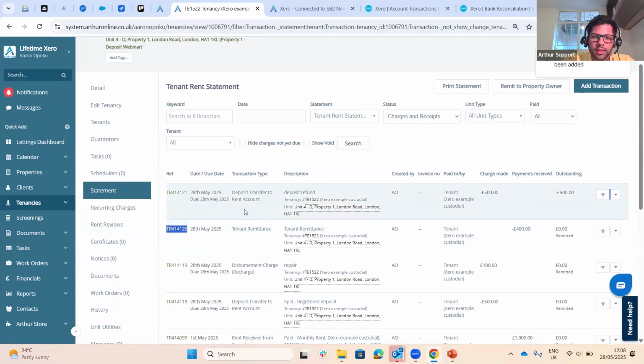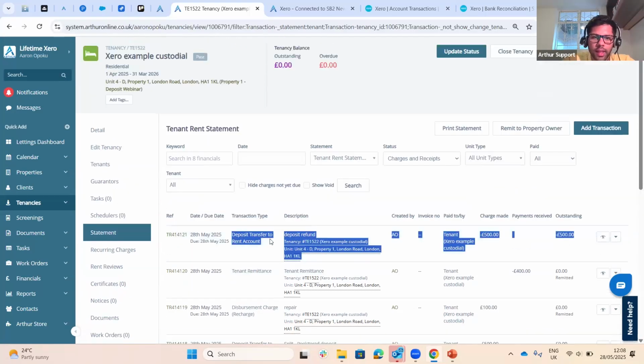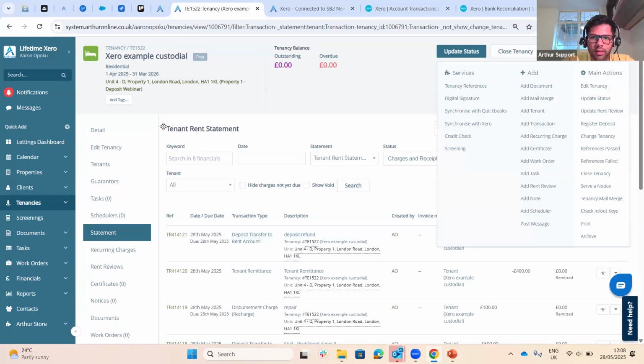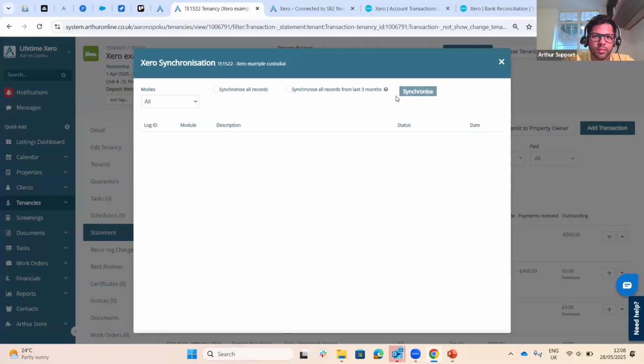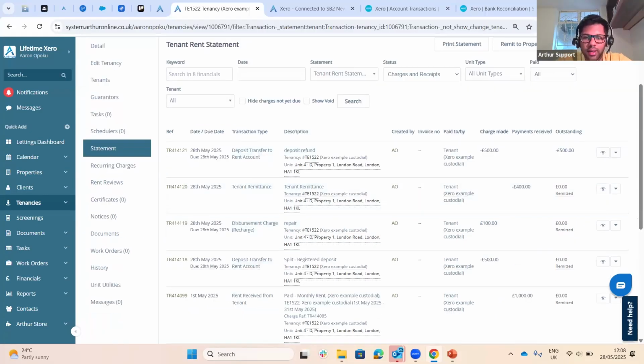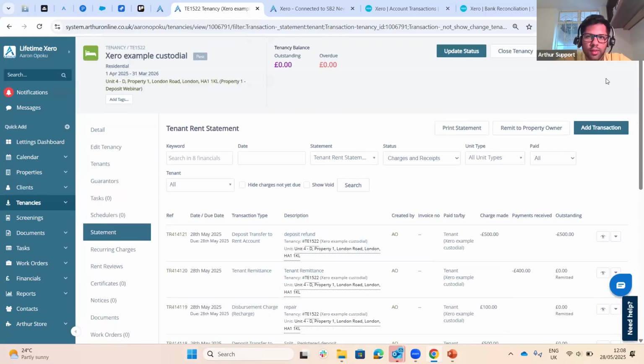This transaction will then sync across to Zero as a credit note. And then what you can do is process a refund on that credit note. Let me just see if I can sync this to Zero quickly. So because you have many tenants in this tenancy and 3 are leaving and then 3 new ones are coming, instead of closed tenancy, add this transaction in manually from add transaction.